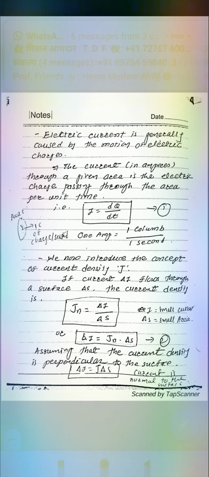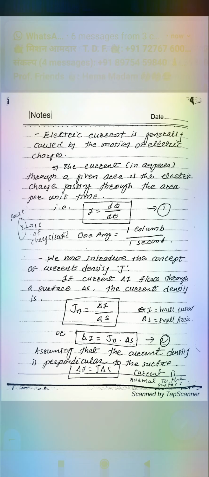Delta I is the small amount of current passing through a surface which is considered a small surface of the material. Through the small surface delta S, the current passing through it, delta I, is known as current density.